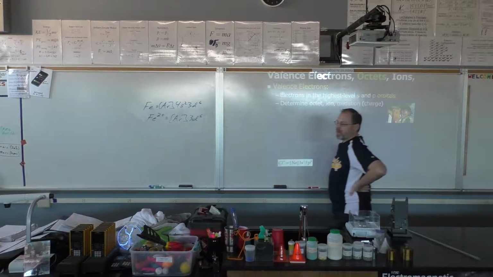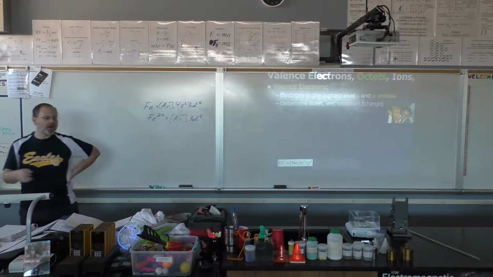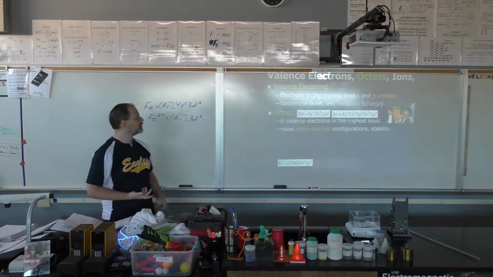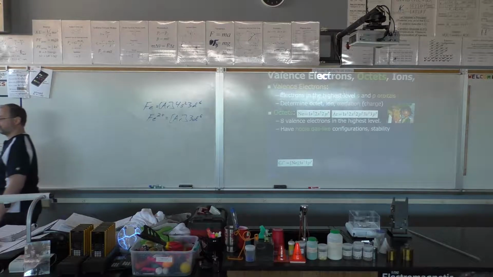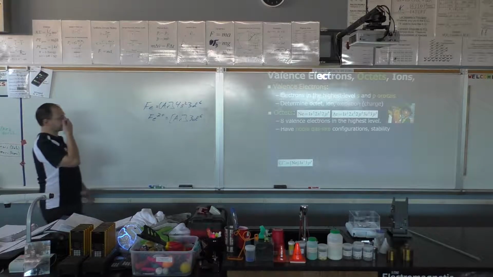So the electrons in the highest s and p shells are the valence electrons, and an octet is 8 of them. Totally filling up your s and your p gives you an octet. So an octet is 8 valence electrons? Correct. Exactly that. An octet is 8 valence electrons.